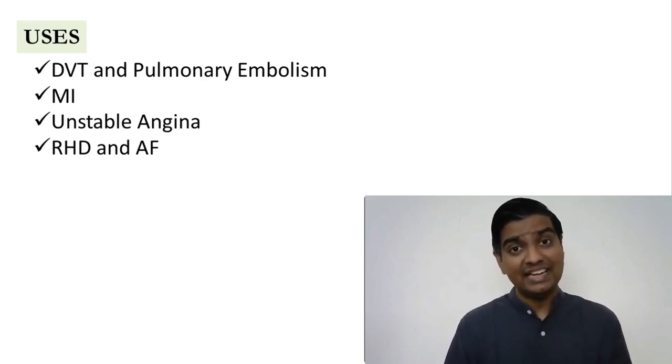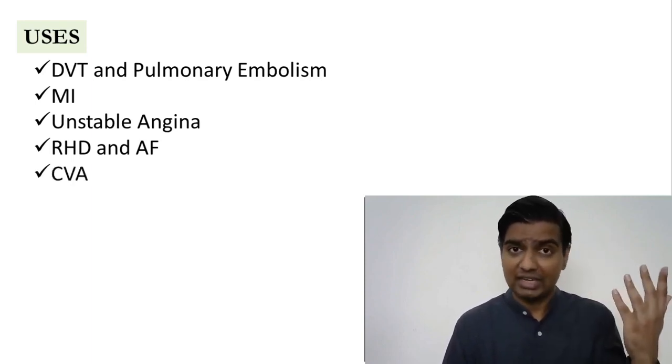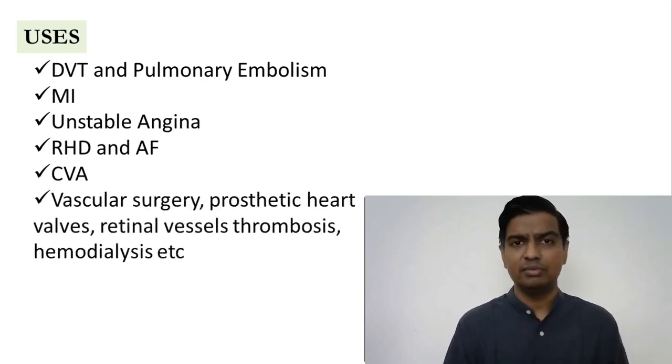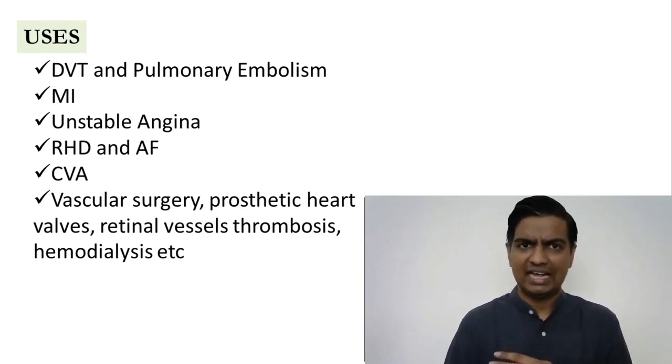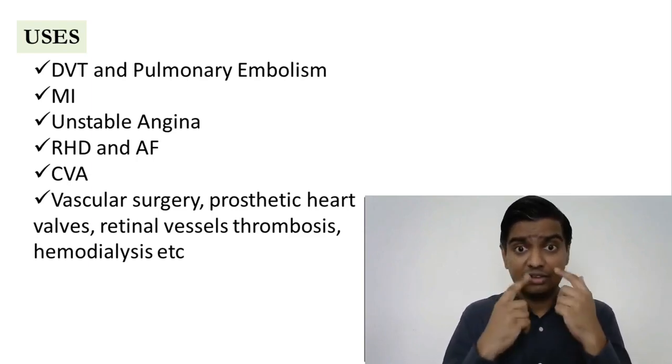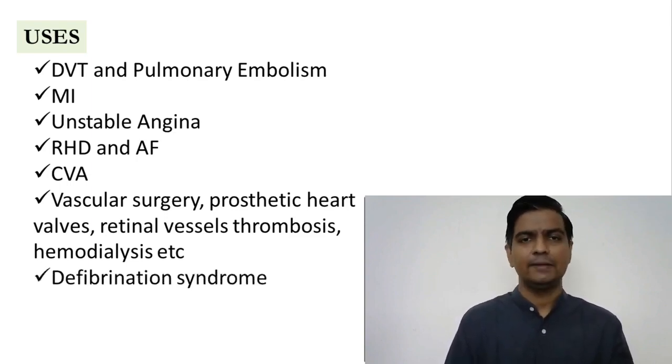As a result, in atrial fibrillation, chances of clots happening are extremely high. Hence, we can give it as a prophylaxis. In stroke, cerebrovascular accidents, we can give this particular medicine. Even after somebody has undergone vascular surgery, has prosthetic heart valves, has retinal vein thrombosis, or has undergone hemodialysis, we can give warfarin directly.